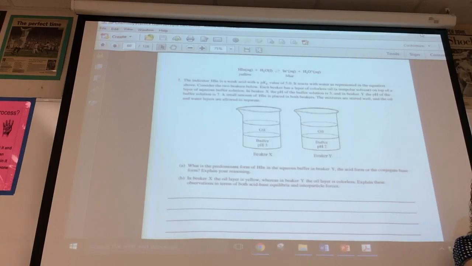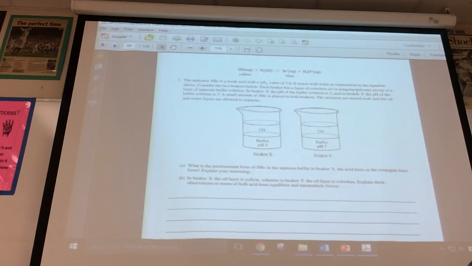The fact that the oil layer is yellow indicates that the HIn dissolved in it, because now the pH is less than the pKa, so the HIn is the predominant form. It turns the oil layer yellow because they interact through what type of IMF? LDF. Okay?